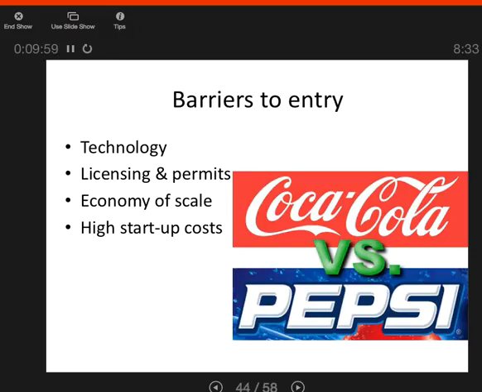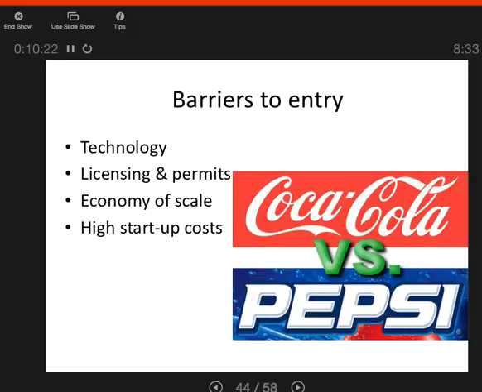So barriers to entry: if we ask the question, name a soda drink that is not under Coke or Pepsi, it'd probably be very difficult to do. We'd probably come up with one or two, but other than that, it'd be very difficult. The soda industry is an oligopoly when it comes to this.